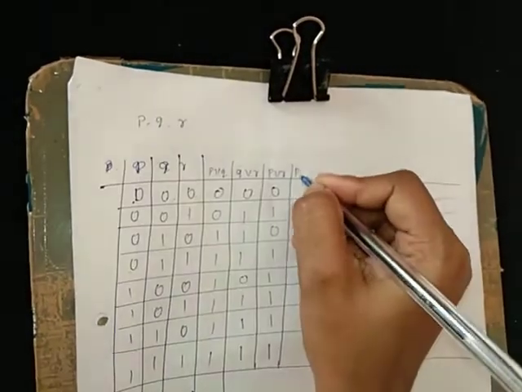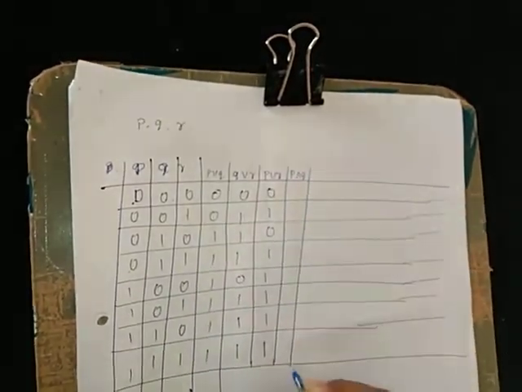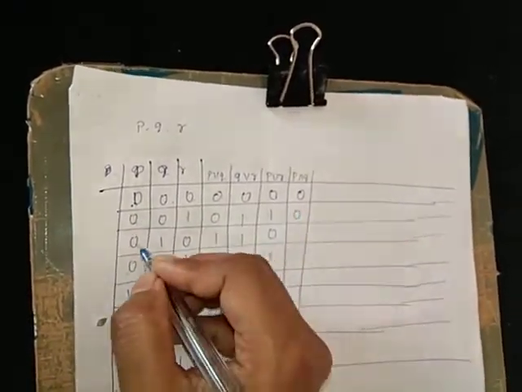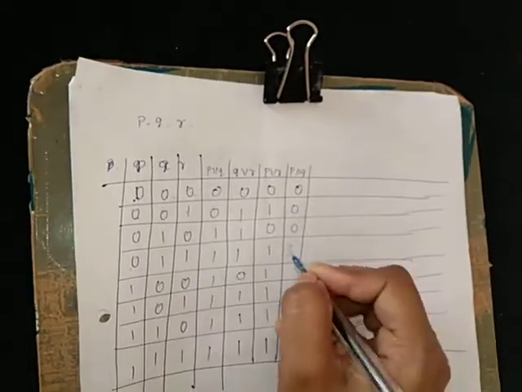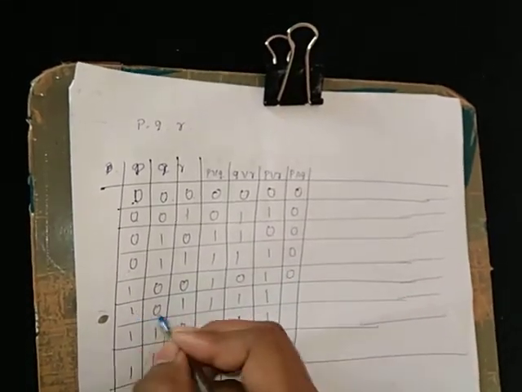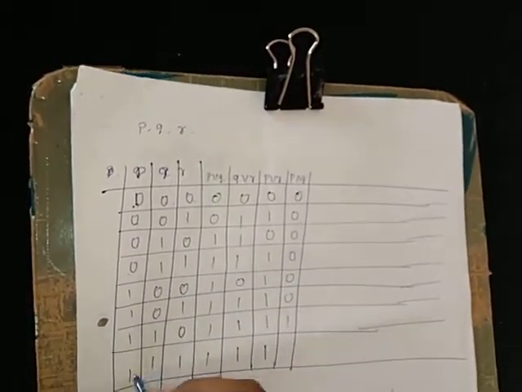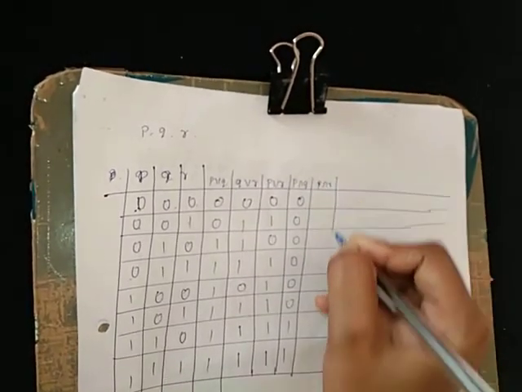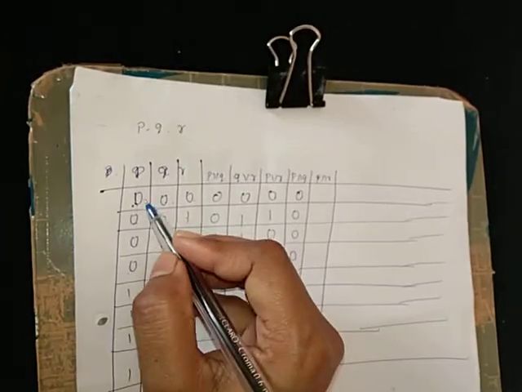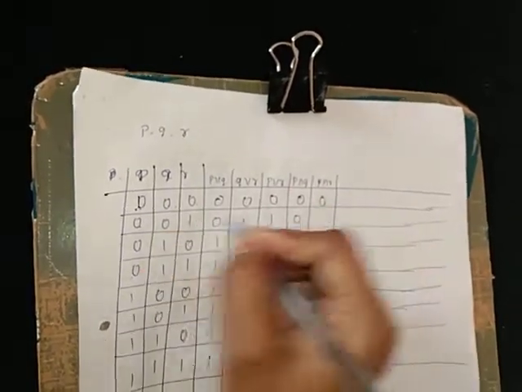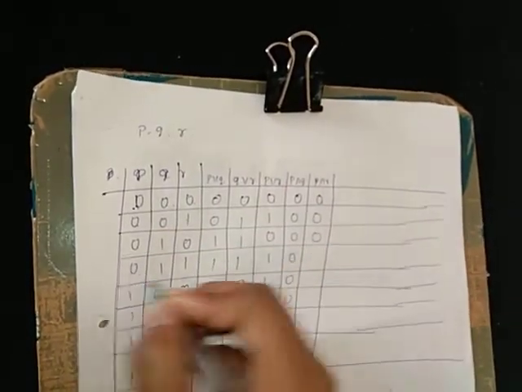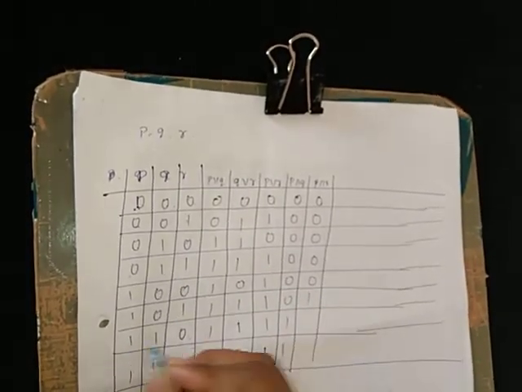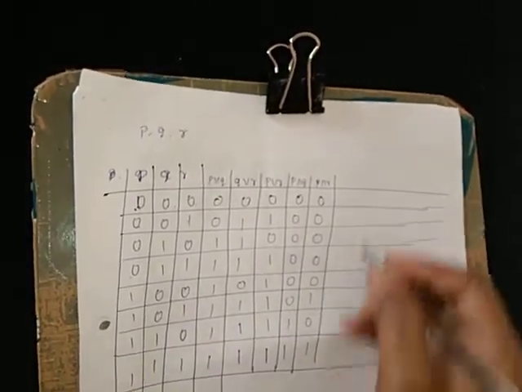Now construct P and Q. 0 and 0, 0 and 0, 0 and 1, 0 and 1, 1 and 0, 1 and 0, 1 and 1, 1 and 1. Now construct P and R. 0 and 0, 0 and 1, 0 and 0, 0 and 1, 1 and 0, 1 and 1, 1 and 0, 1 and 1.